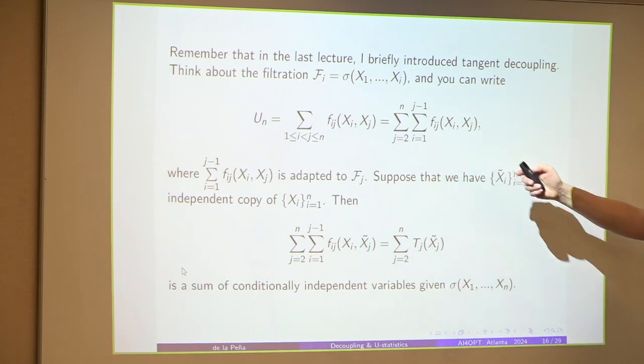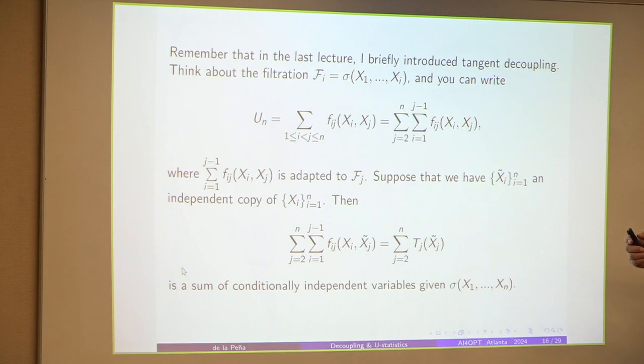the Xj. So we replace the Xj by Xj tilde. So we have two sequences, X sub i and X sub i tilde. They are independent copies of each other. Okay? Then this U statistic is adapted to F sub i, the sigma field of the X's.